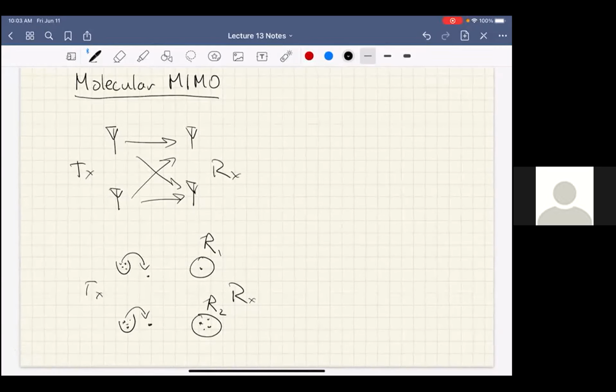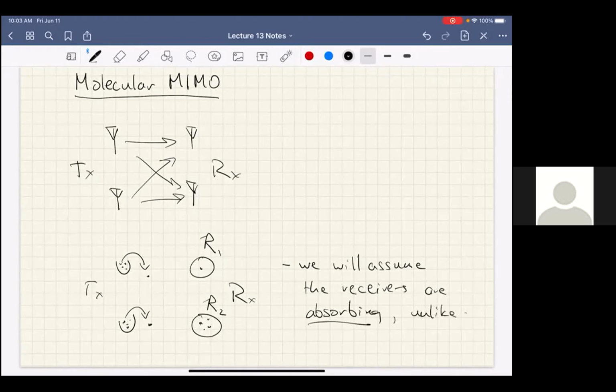For our purposes here, we will assume the receivers are absorbing, unlike our previous work on CSK. Now you can, if you want, set up a non-absorbing receiver for MIMO. It's just that the simplest results that are available are derived for absorbing receivers.